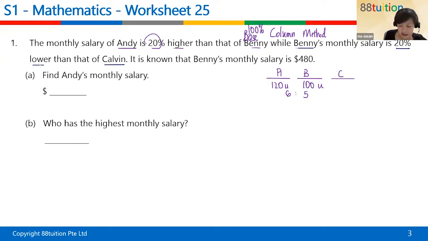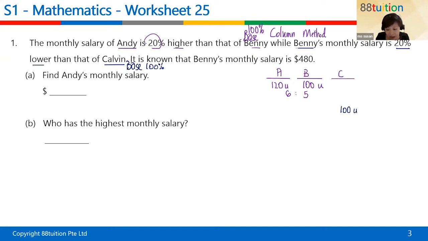So now this is another entity, C. C is now the new base. It depends on the sentence. So the base is always 100%. Earlier on, they say Benny because Benny was last mentioned, so Benny is 100%. C in the second sentence is last mentioned, so C is the base. C will be 100%, so I put him as 100 units.